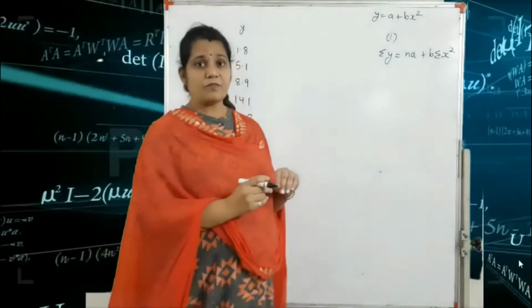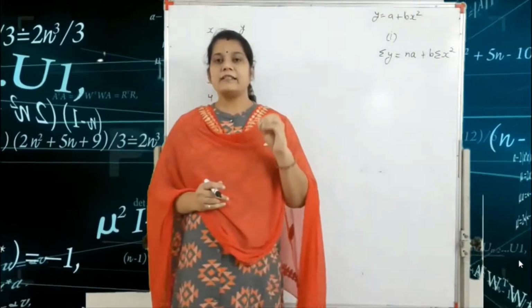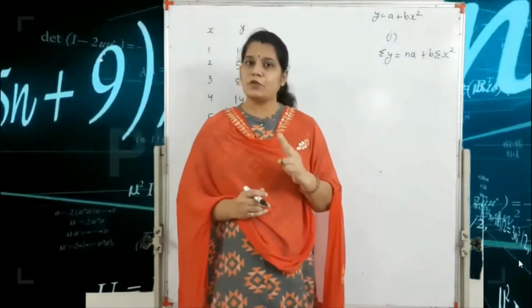As per the equation, we have two constants, a and b, and for finding their values we must have two normal equations.